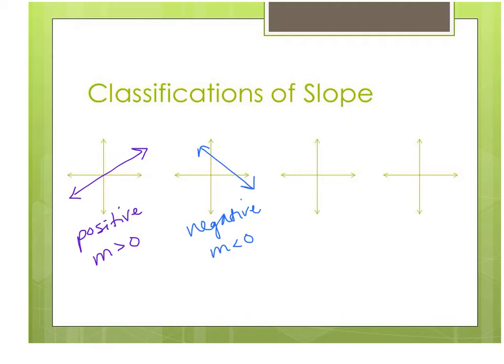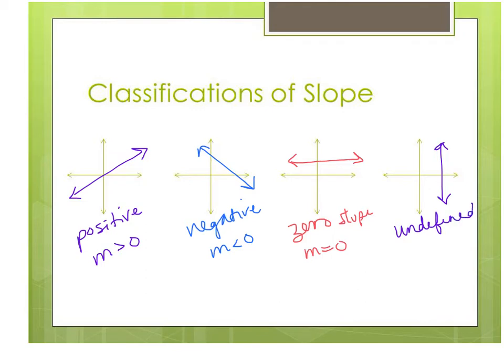If m is negative, it has to fall to the right. Has to. There's no exceptions here. If it's horizontal, we consider this to be 0 slope, so m equals 0. And if we have a vertical line, then your slope is undefined. And m doesn't equal anything because it's undefined.